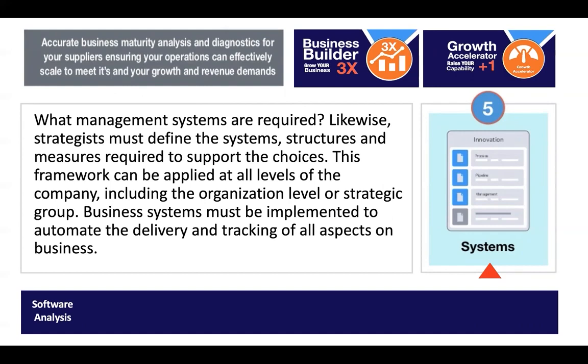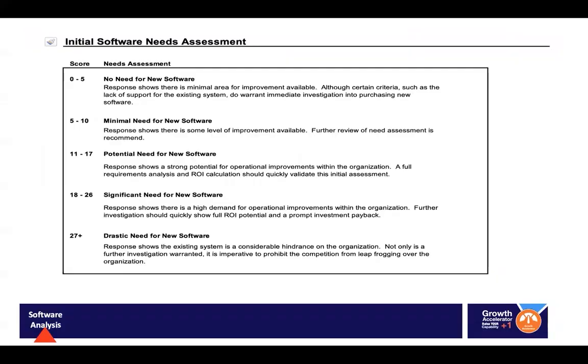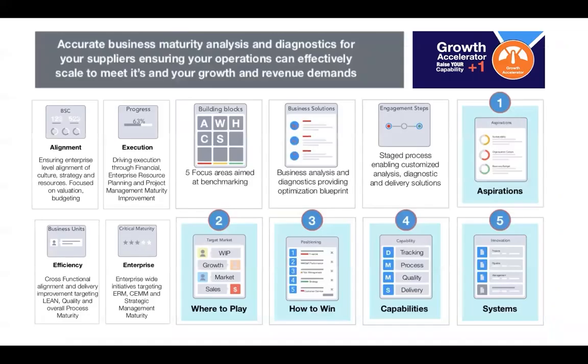So what financial packages is the customer using and what ERP systems are they using? For this, we provided you with an in-depth initial software needs analysis to look at the total company, where they are using software, what the issues are within their software, whether there is potential for improvement, or whether there is significant or drastic need for software and automation within the business.